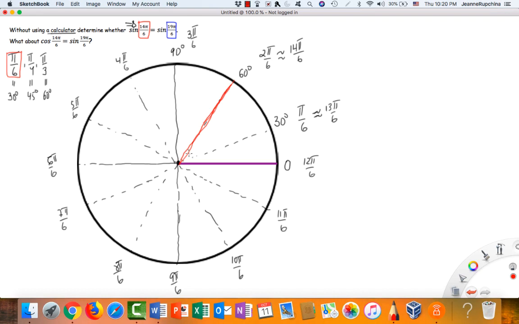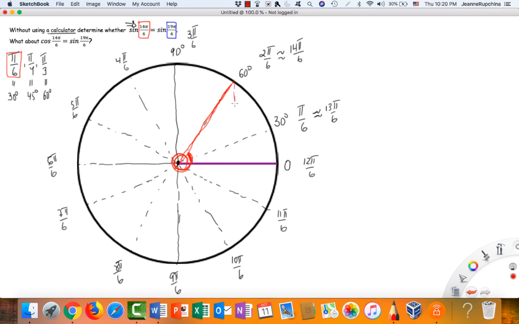Okay, this is it. That's the reference angle. The whole angle is one full circle around and then a little bit of extra. But the reference angle is really the same as a 60-degree angle.